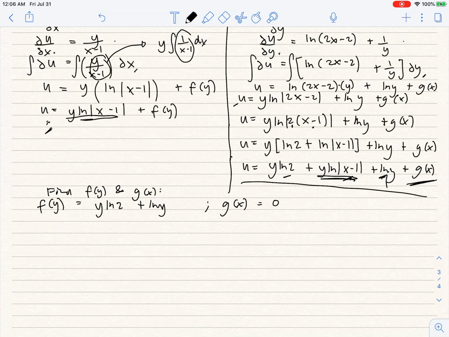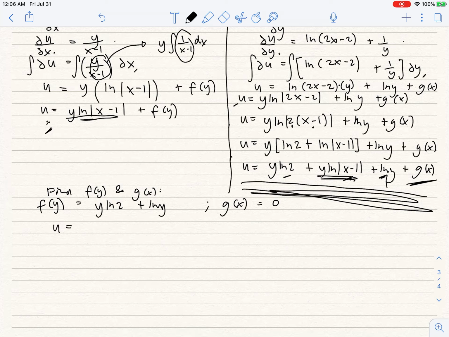Since g of x is simpler compared to f of y, we are going to use this substitution right here. It is simple, we just add 0, so g of x cancels out. Now we can find the value of u using this second u.